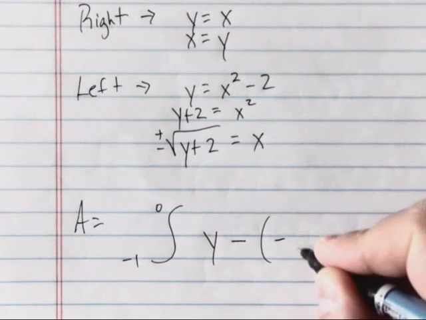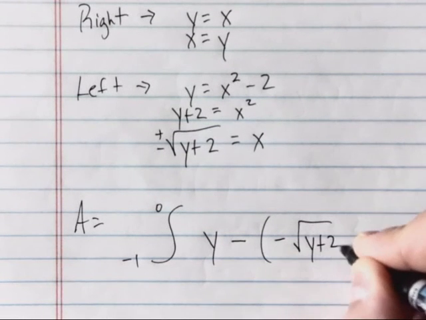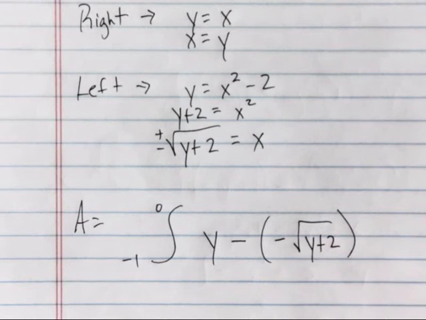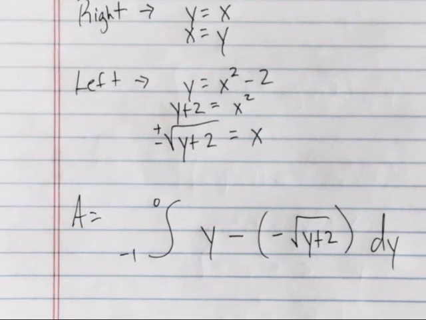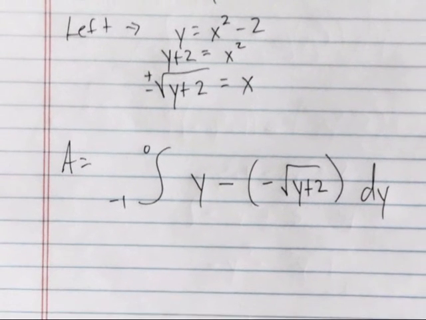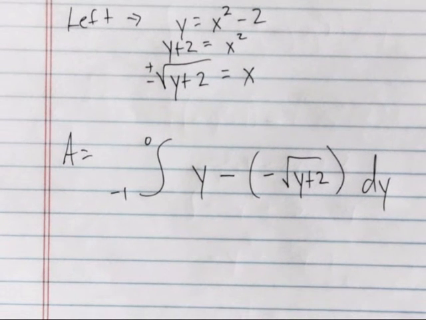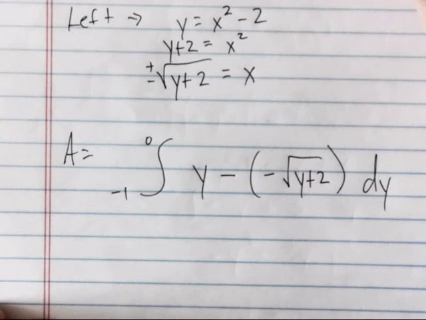So negative root y plus 2 dy. In the problem, it actually just said set up the integral. It did not specify for us to actually evaluate it. So that's what that would look like if we wrote that in terms of y.